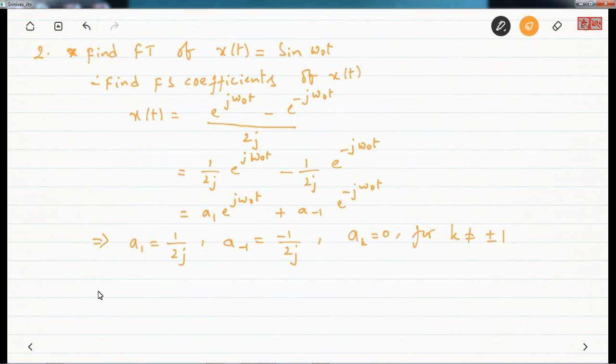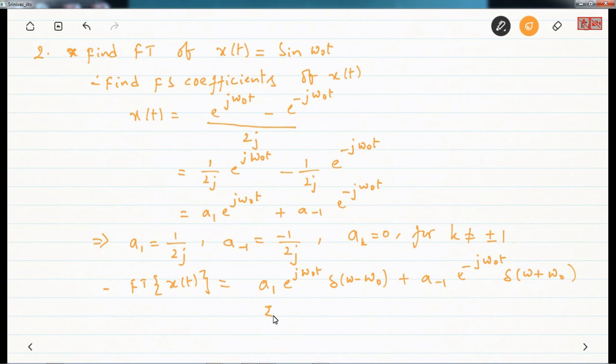Now we got the Fourier series coefficients of x(t). How to find the Fourier transform of x(t)? You just use these Fourier coefficients. So it will be a_1 e^(j omega naught t) delta(omega minus omega naught) plus a_minus1 e^(minus j omega naught t) delta(omega plus omega naught).